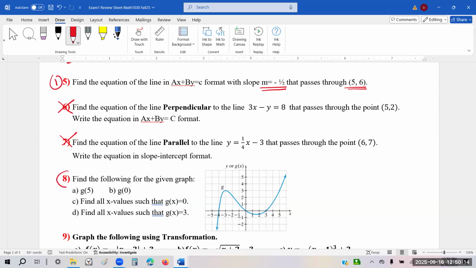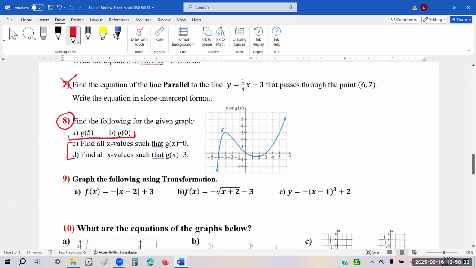Question number 8, I'll give you 1 x value, find the y, and 1 y value will be given, find the x. So a graph will be given, and then just like the quiz, when x is given, what's the y? When y is given, what's the x?